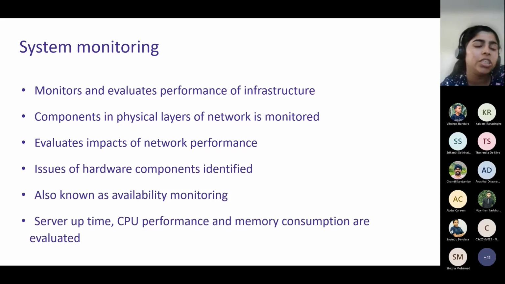And we need to identify server uptime, how CPU performance varies with the several activities in the systems, and how memory consumption changes over different time periods or with the several activities done with the application. So these things need to be monitored, and we can identify all these types of activities as system monitoring.